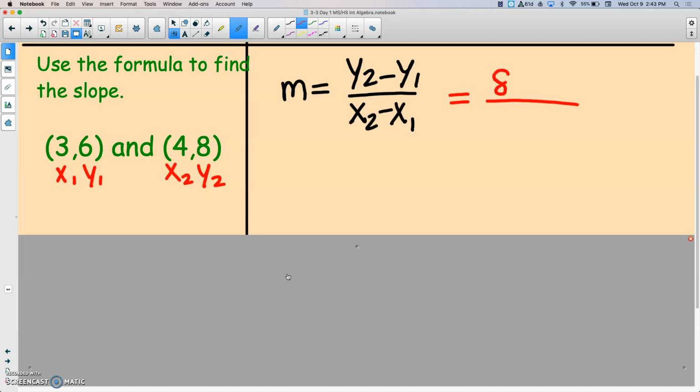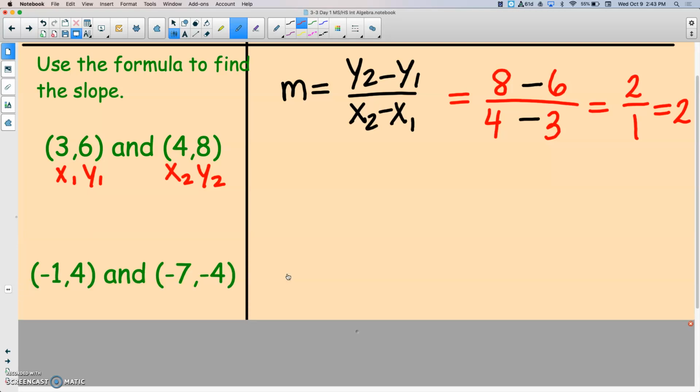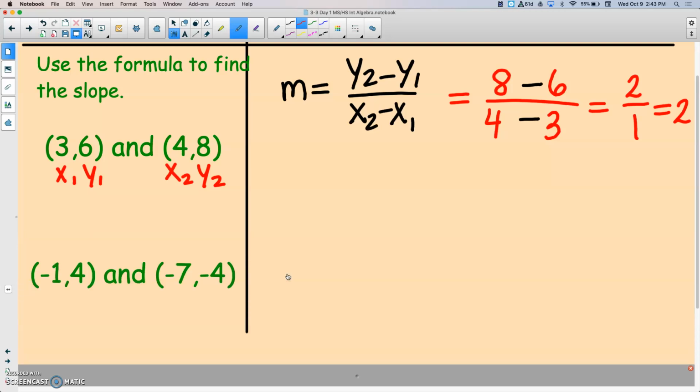So Y2 is 8. And then the subtraction sign is part of the formula. Then Y1 is 6. X2 is 4. X1 is 3. Now I just need to simplify my fraction. This would equal 2 over 1, and 2 divided by 1 is 2. So this slope is 2 over 1, or 2.